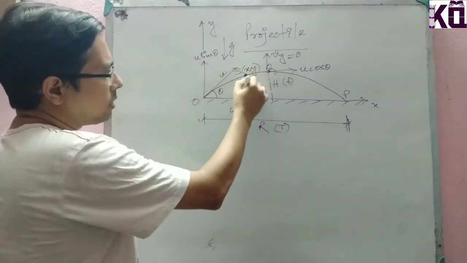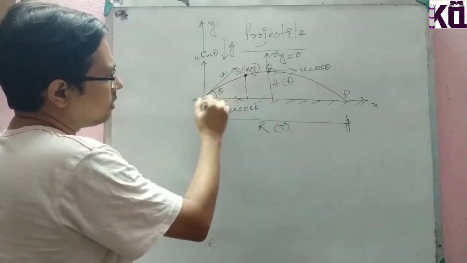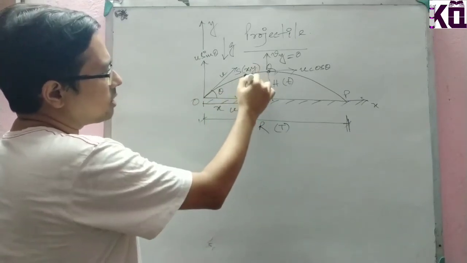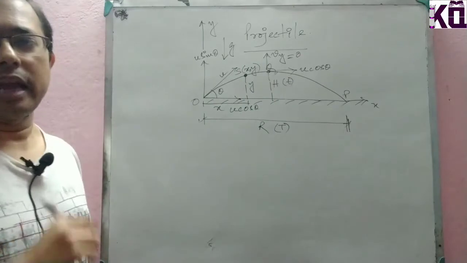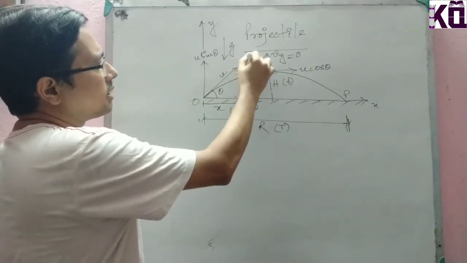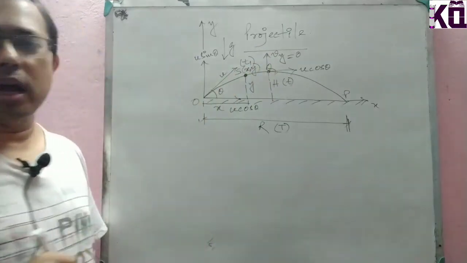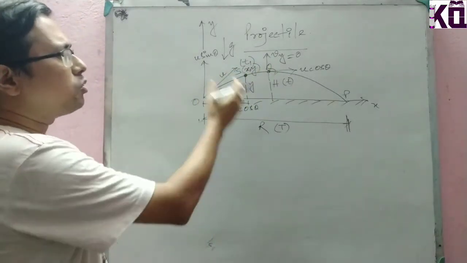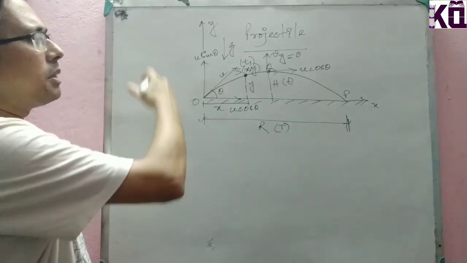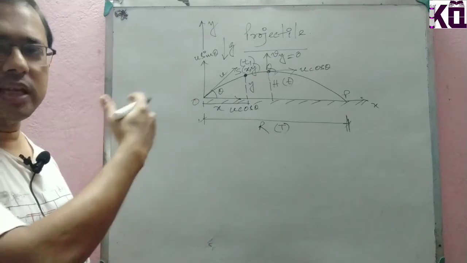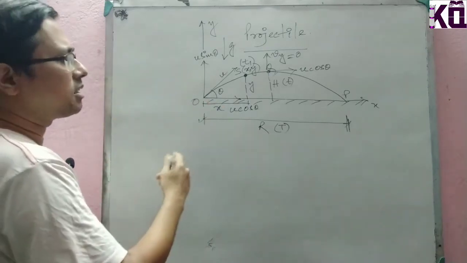If I drop a normal, the horizontal distance becomes x and the vertical distance becomes y, in some small time t1. We can identify the displacement using the previous equations.